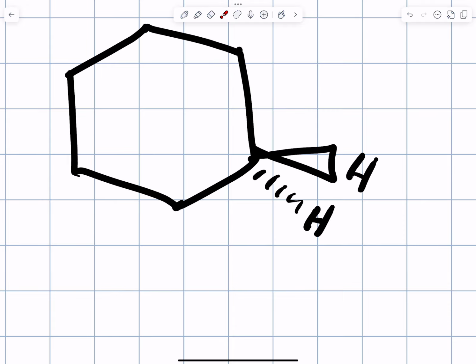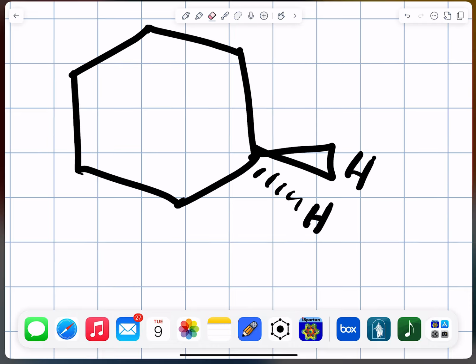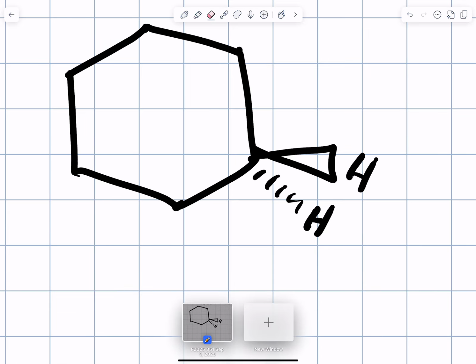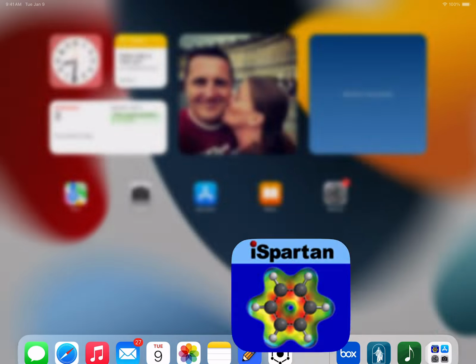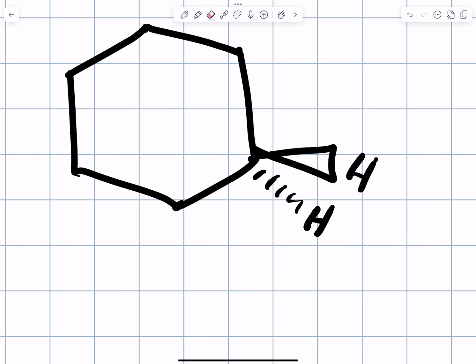We're pretty tolerant of the precise angle. In fact, it's difficult to draw it realistically. The hydrogen in the front is basically overlapping with the hydrogen in the back, and that's hard to represent. So we don't bother. We draw them kind of offset, and that's fine.